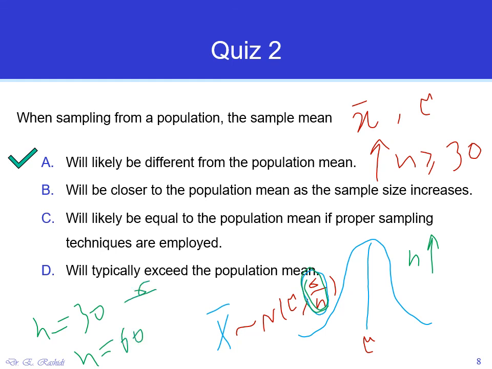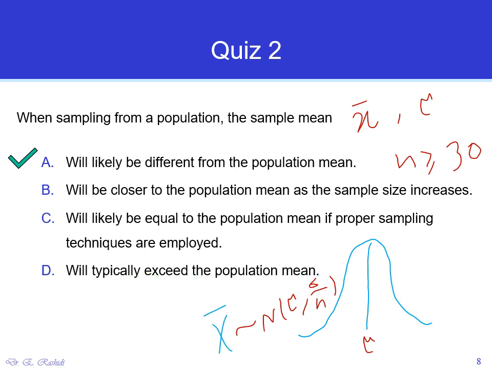So sigma over a square root of 30, is this bigger or sigma over a square root of 60? Well, the first one is bigger, because when you make the denominator greater, then the value becomes smaller. So B is also true.